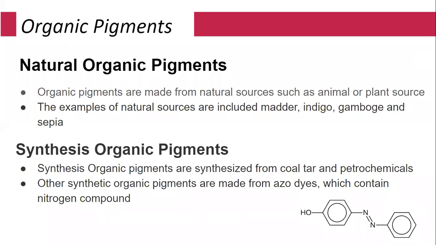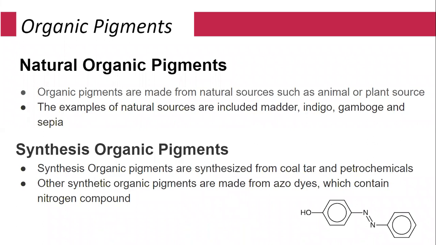For example, chlorophyll is extracted from plants to get the green pigment. Nowadays, industry and suppliers do not use natural organic pigments much, because it is so hard to get a large amount of the pigment. So normally they use synthetic organic pigments or inorganic pigments.